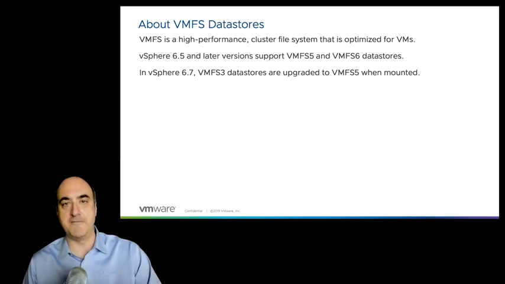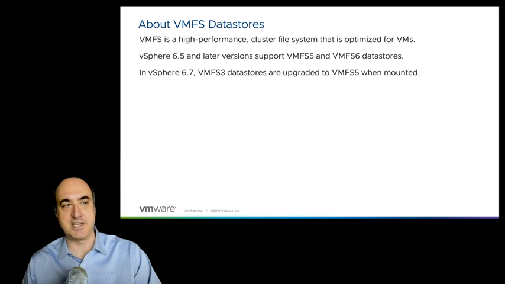Also, whether you have thick disks or thin disks, how is the performance difference there? So we need a file system that can cater to all types of files, essentially. And there have been some interesting enhancements in vSphere 6.5. We now have both VMFS 6 and VMFS 5.